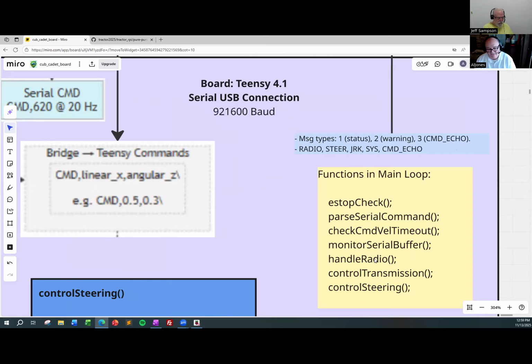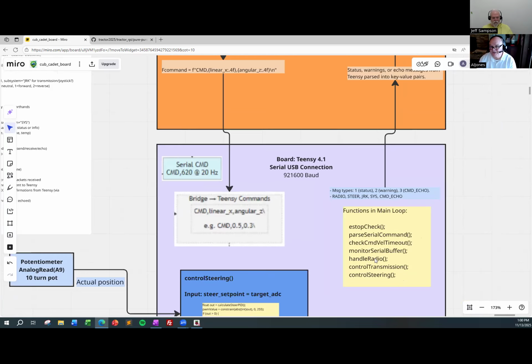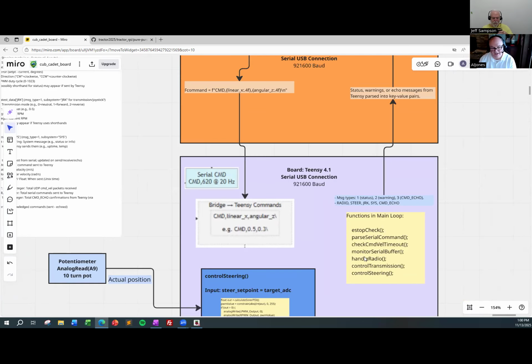So that's where I'm at the moment, trying to integrate my learnings into my new Teensy code, which will handle my serial communication and avoid me having to figure out micro ROS.